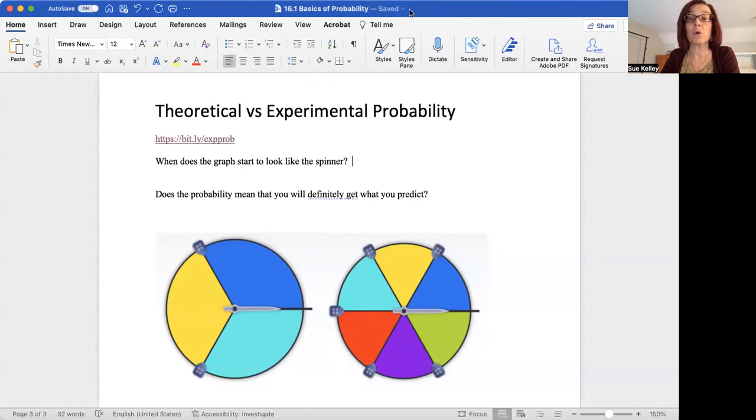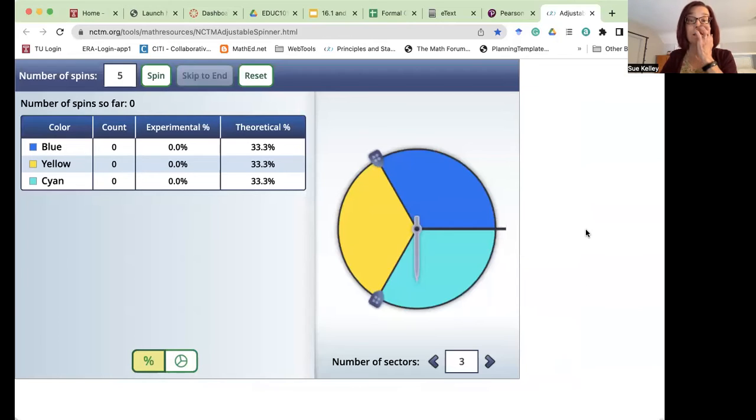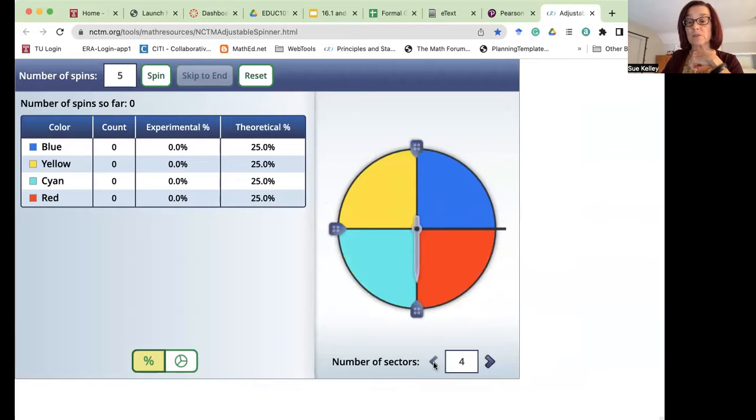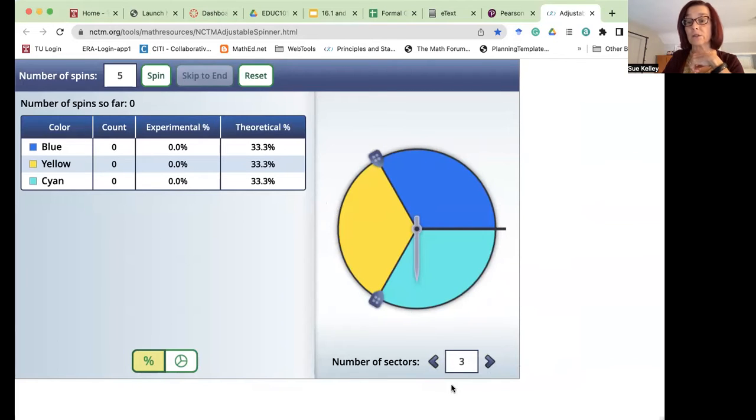Let me go to a different screen, and you should see this if you've clicked on the bit.ly. We are going to take a look at this 3-sectored spinner. You can change the number of sectors by clicking these arrows down here if you want.